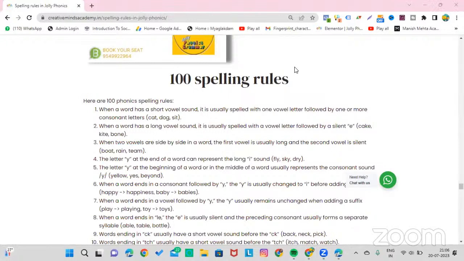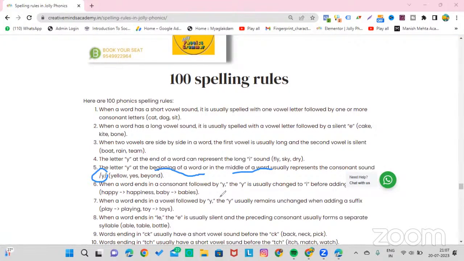Then we have Y if it is coming in the beginning. If it is coming in the beginning of a word, then it gives a consonant Y sound, or sometimes in the middle also. Now, we are doing syllables. So we know when it will give a consonant sound and when it will give a vowel sound.